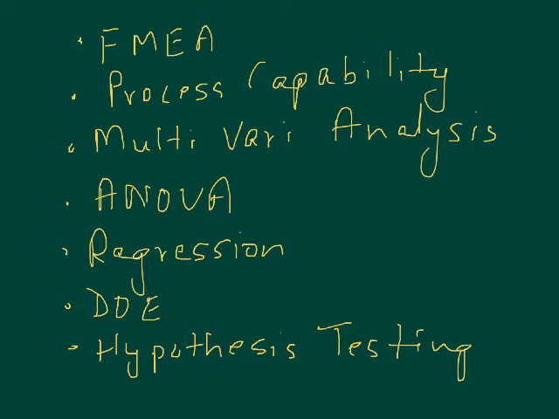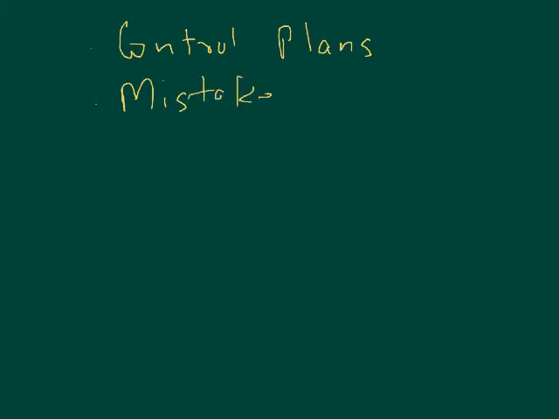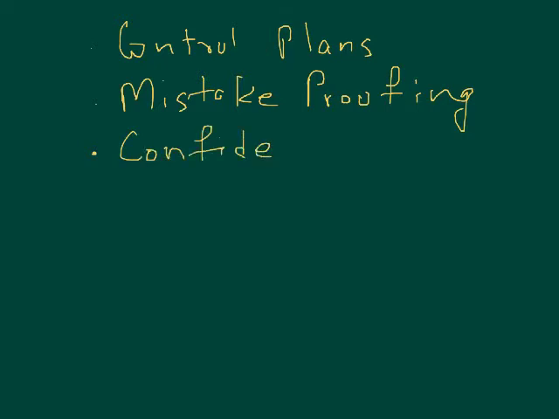In addition to these, you can do control plans for your processes and then add a mistake proofing system in place, and then there is the confidence interval.